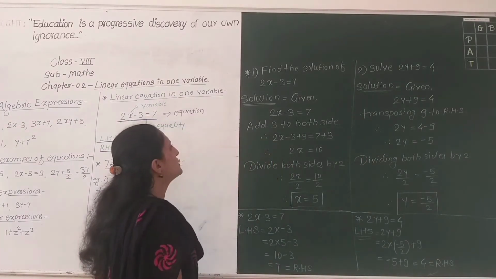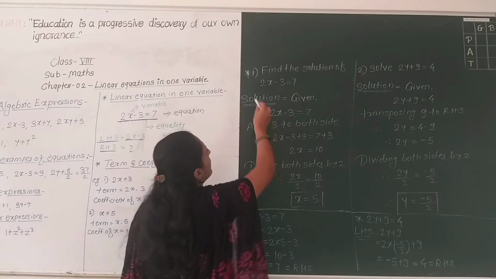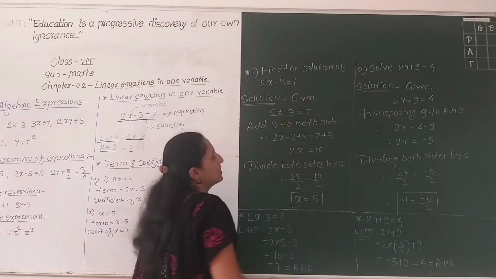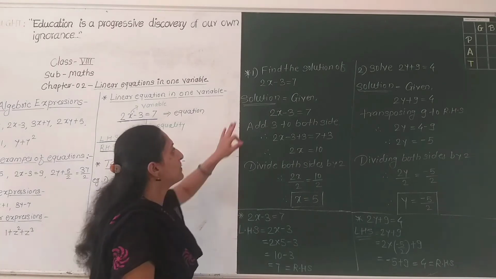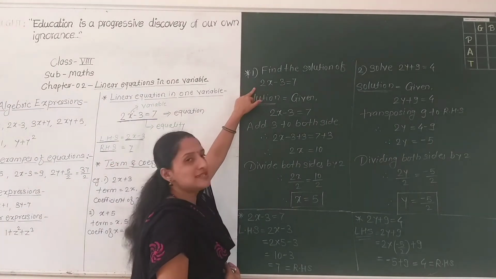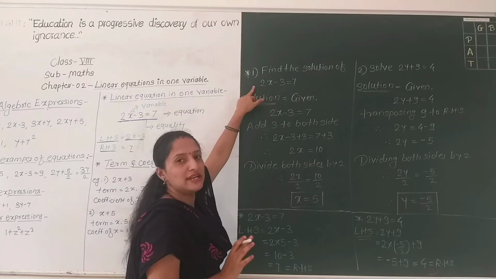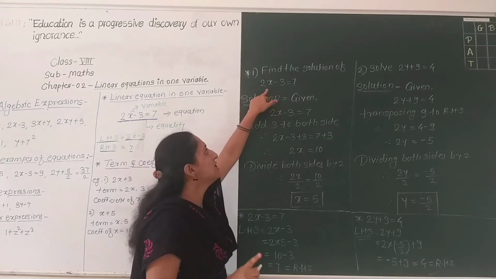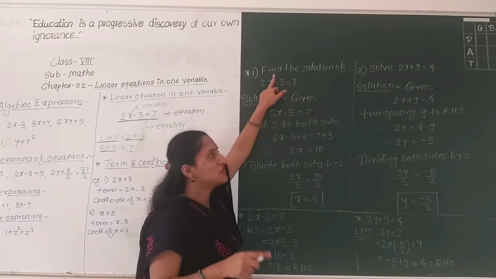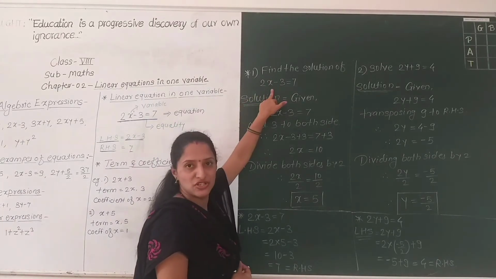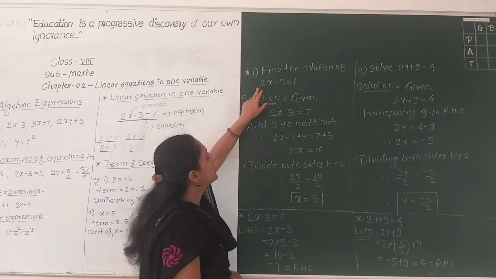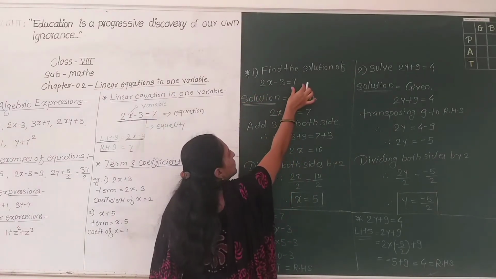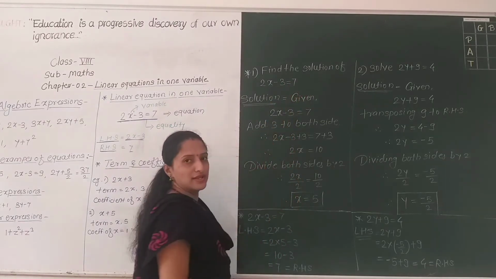So let us look here. First example, find the solution of 2x minus 3 is equal to 7. So look at here, this is a linear equation. Why is it linear? Since here only one variable is used and highest power of the variable is 1. Now this equation contains an expression on one side and only a simple number on the other side.